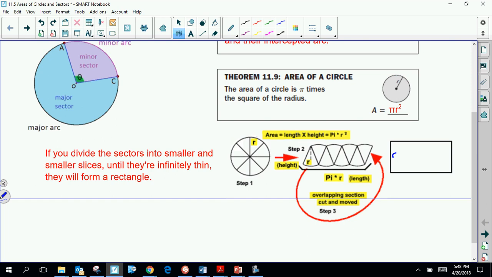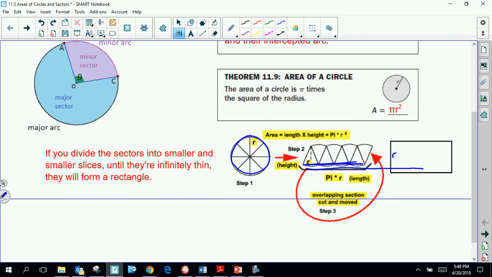And the base of the rectangle, if we took this circle here and cut it apart and laid it out flat, the circumference of the circle would actually be twice as long as this side of the parallelogram.